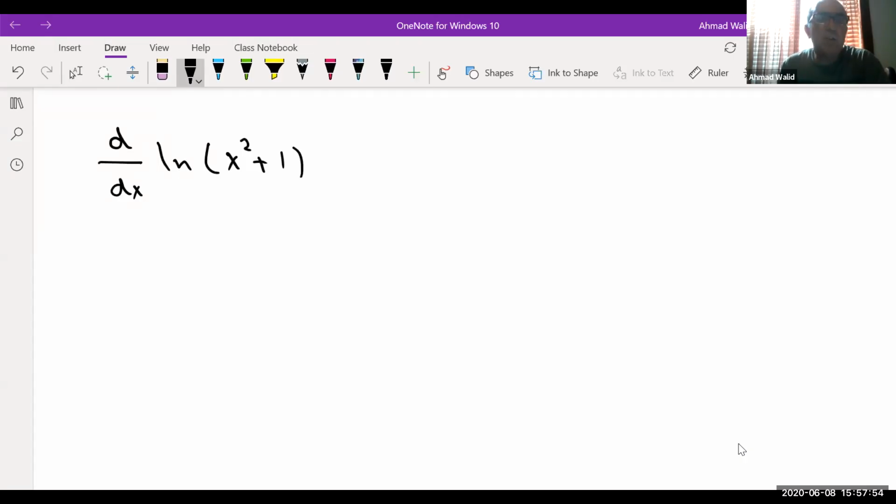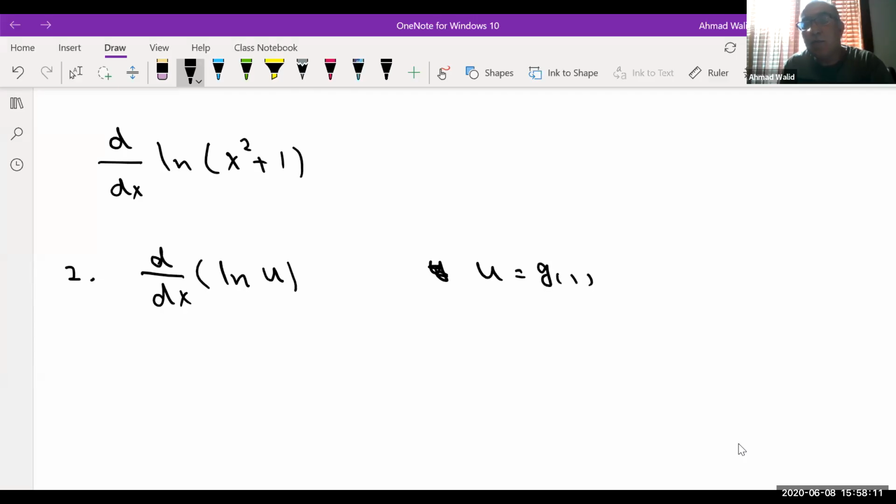another formula, which I'll name number 2, d over dx of ln u. Let's call it u. Your u is actually g of x. It's another function, correct? What is d dx of ln u?